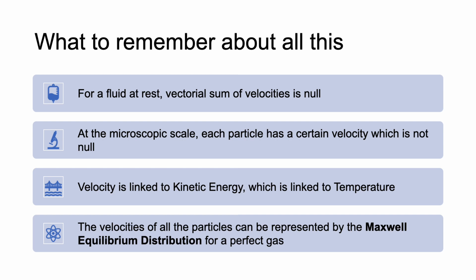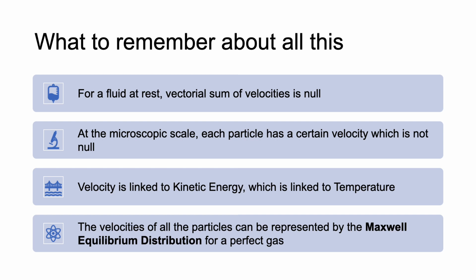Okay, now we made the link between microscopic and macroscopic. We talked about density, velocity, kinetic energy, and all that. And what you should remember about this is basically these 4 points. For a fluid at rest, the vectorial sum of the velocities is null. This comes from the isotropy hypothesis.